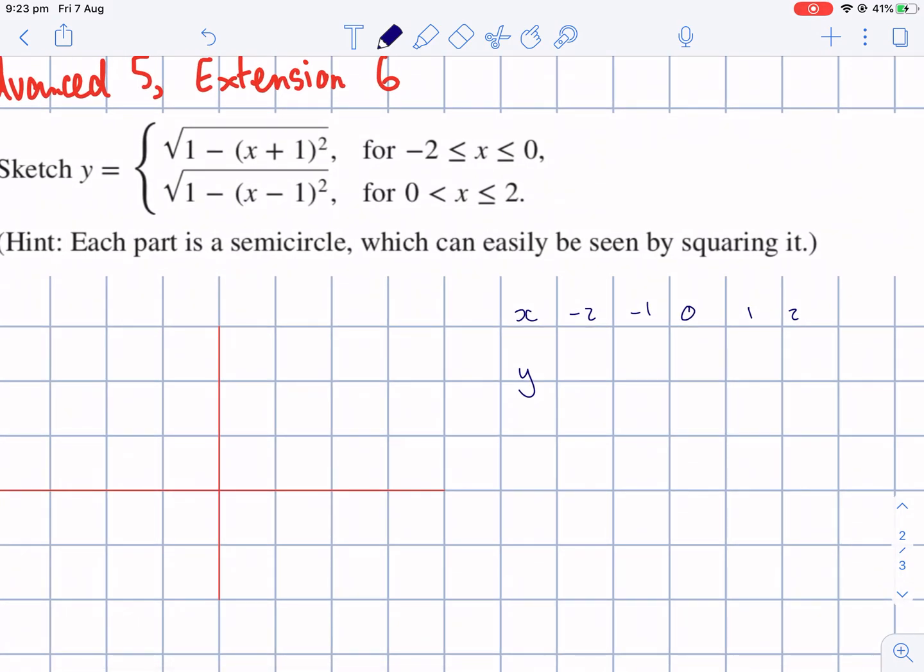So I've got root of 1 take negative 2 plus 1 squared, 0. Sub in negative 1. Sub in 0. Sub in 1.